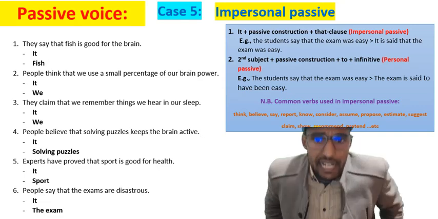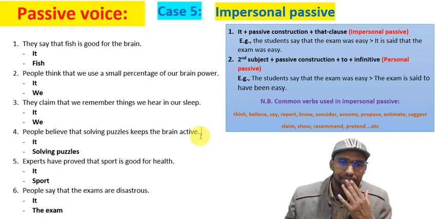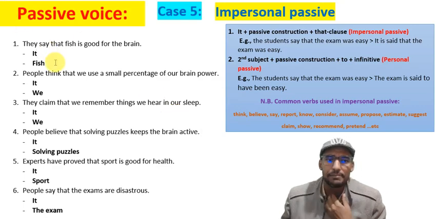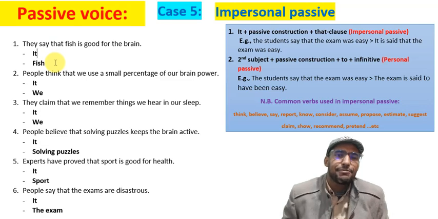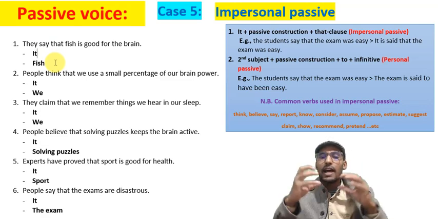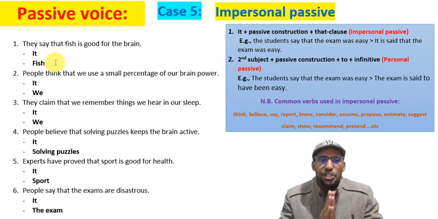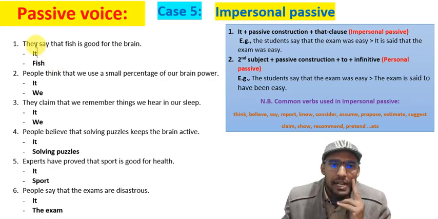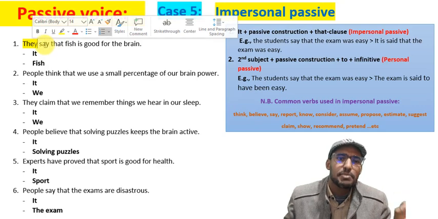It doesn't matter, guys. Let's move on right now to practice to understand very well what happens. Okay, so let's start with number one. We have here: they say that fish is good for the brain. This is our active voice statement. They say that fish is good for the brain. Again, we have to mark basic elements here, which are, as I said, the subjects basically.